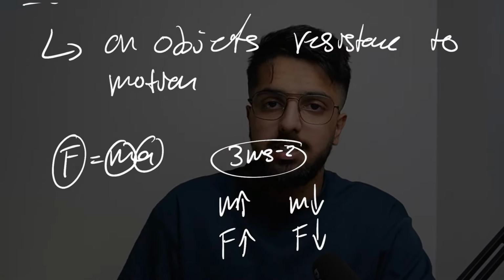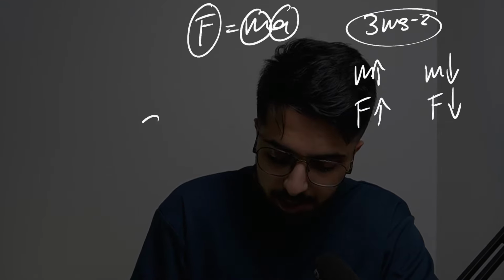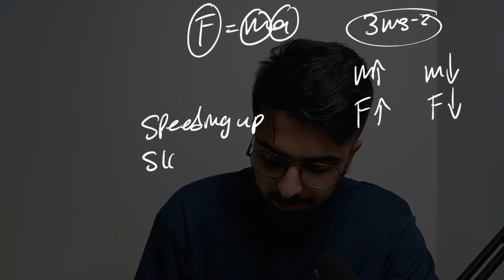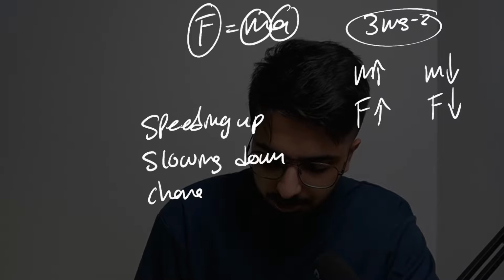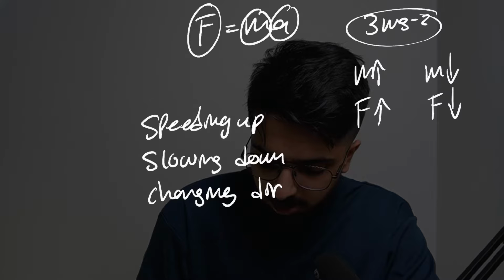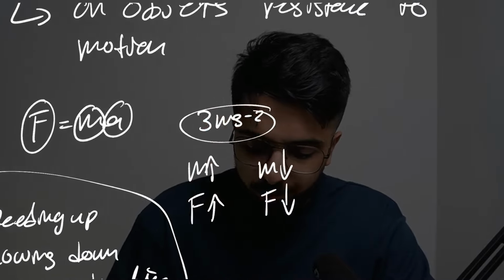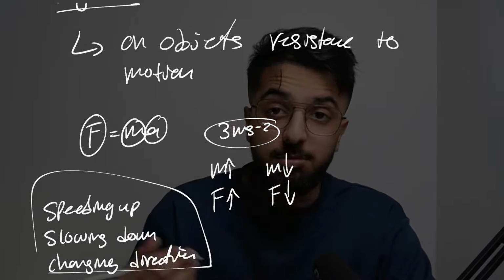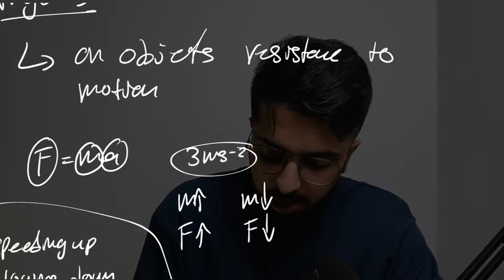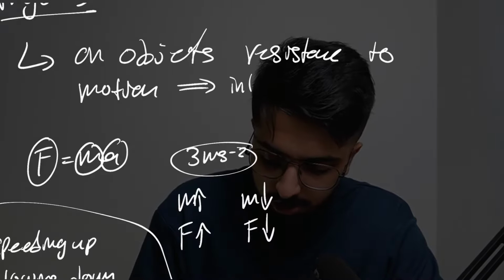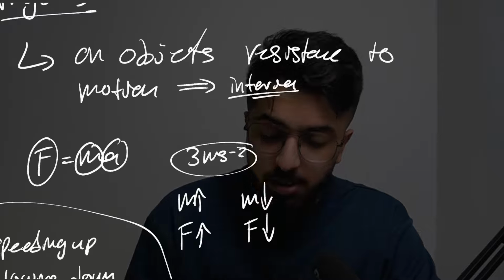And as we know, acceleration is both speeding up, slowing down, and changing direction. Alright? And so we refer to this property of an object's resistance to change in motion as an object's inertia. Okay?